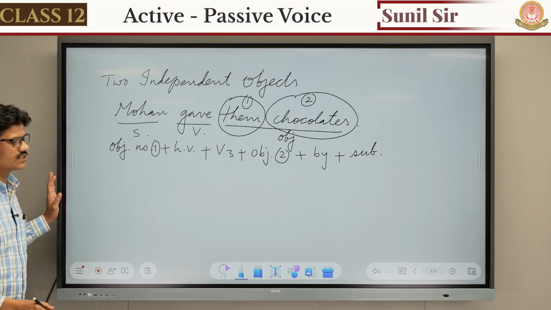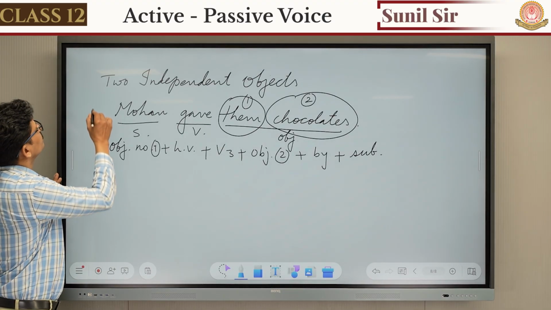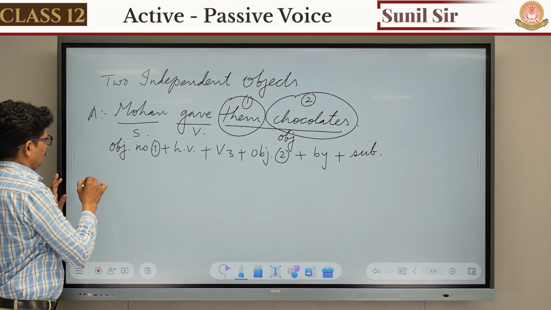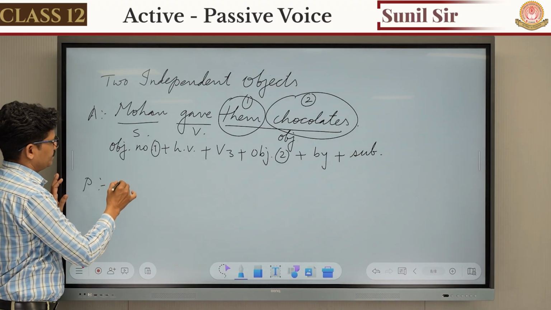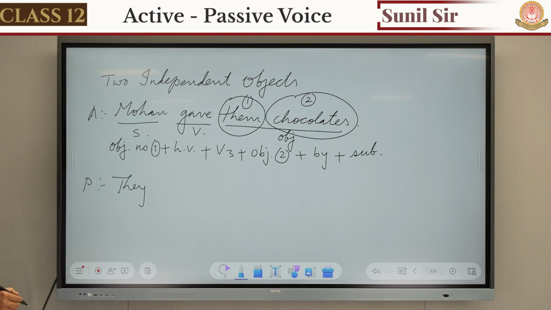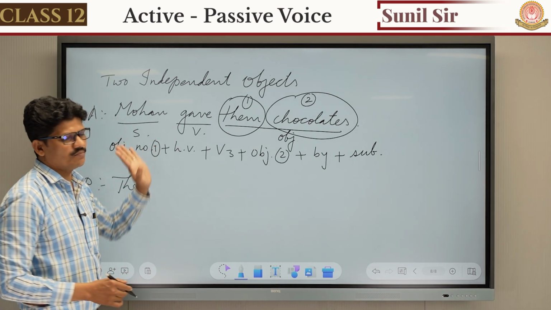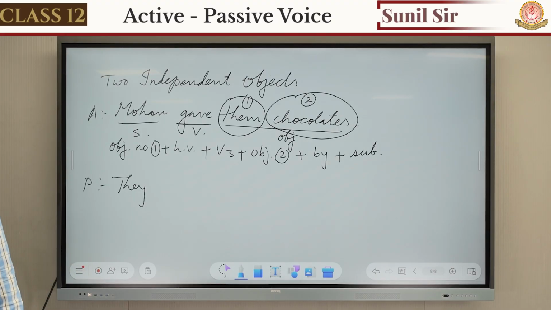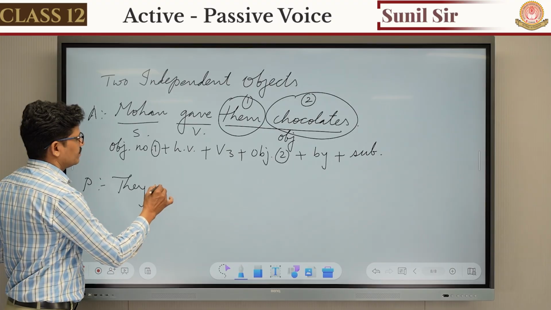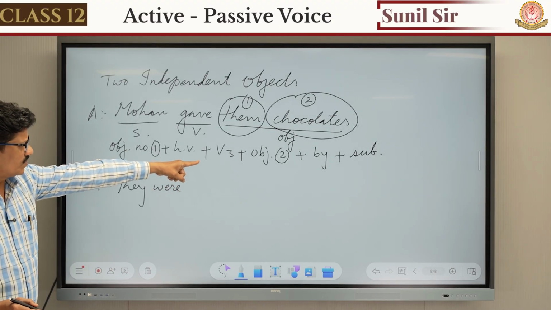So which is the first object? That is "them". If "them" comes to the subject place, it becomes "they". Mohan gave them chocolates. Which tense is this? This is simple past. If it is simple past tense, the helping verb will be was or were. So, they were. Then the verb's third form.